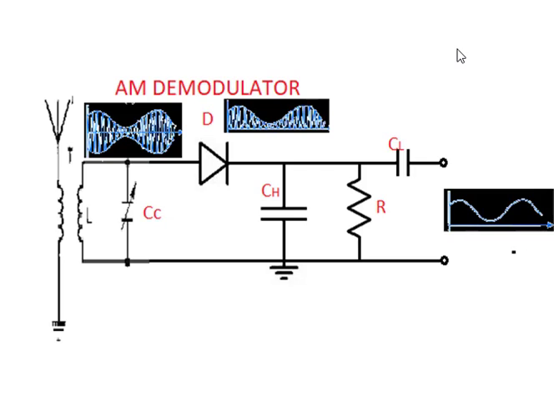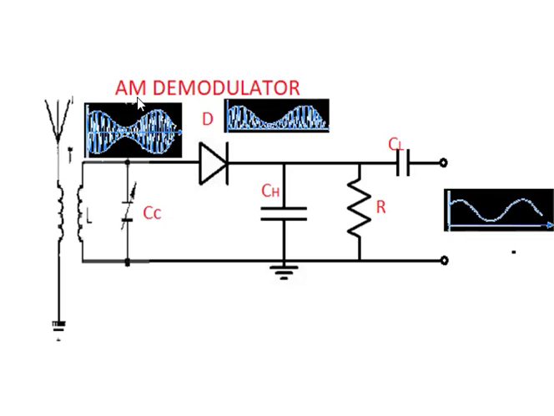Demodulation is the process of separating the modulating signal from the amplitude modulated wave, or separating the message-carrying low frequency signal from the frequency modulated wave.